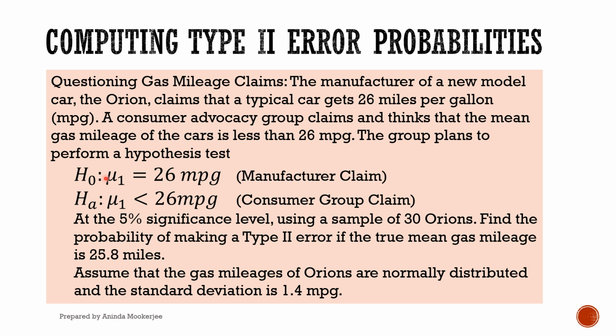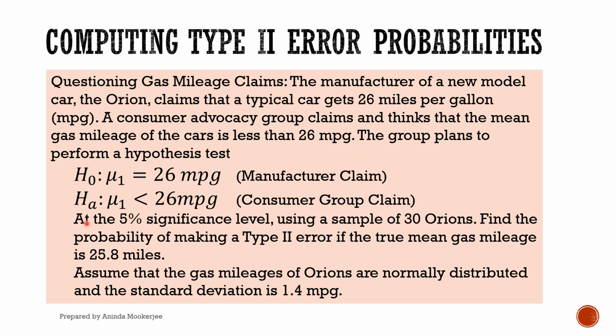Again, the null hypothesis must always have an equal sign in it. That's the manufacturer's claim. And the alternate hypothesis, claimed by the consumer advocacy group, says it is less than 26 mpg. So that's why you have a less than sign in the alternate hypothesis statement. That's the consumer group claim.